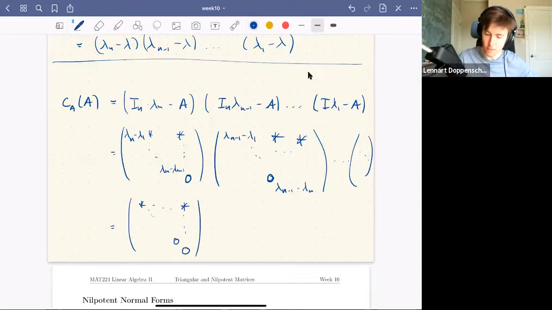So you can see if you multiply the last column here, and this is really the last column in this matrix, then the lower right entry will be 0.